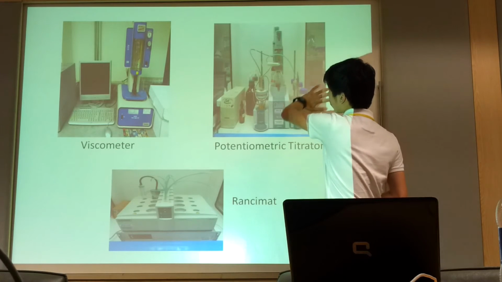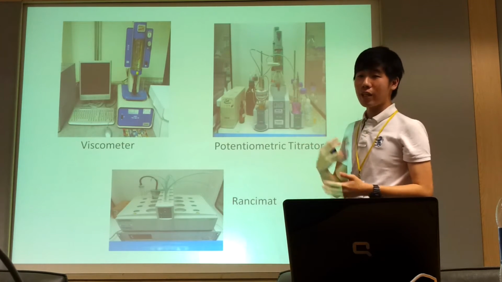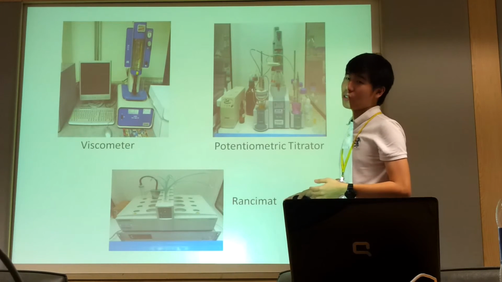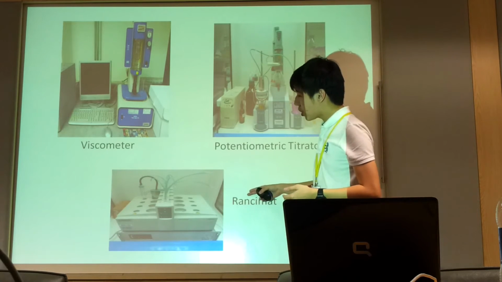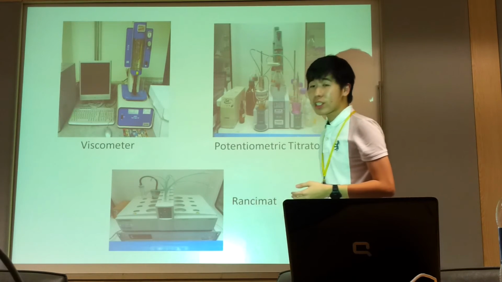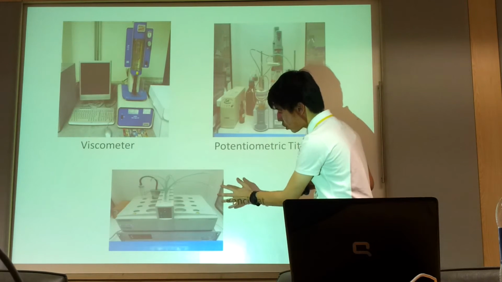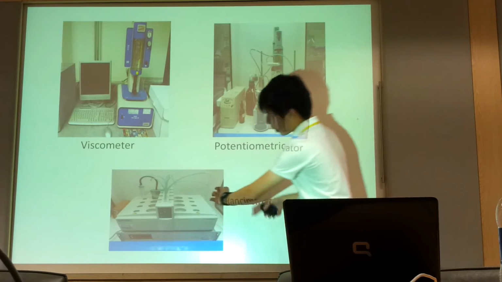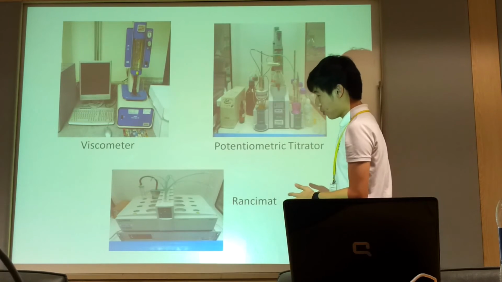So we just have to set up the apparatus as shown, and we will get the results. Next is the Rancimat, the last instrument that we learned in MTech, to measure the oxidation stability of the sample. We set up the apparatus as shown, and then we run it on the computer.